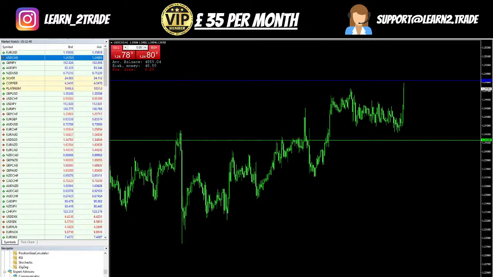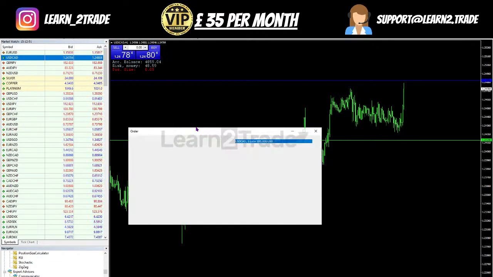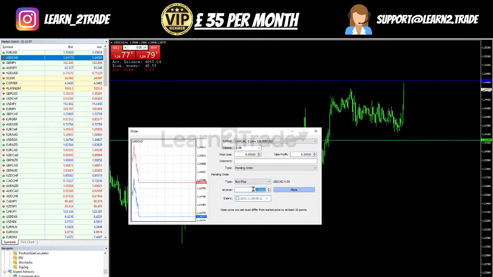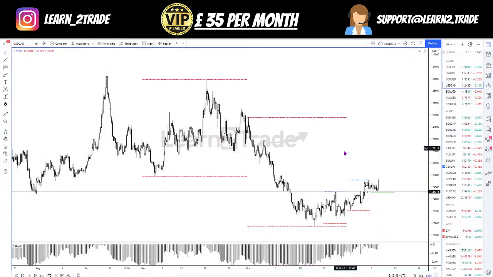So let's place this 0.09, buy stop at 124.88 and stop loss at 124.19.